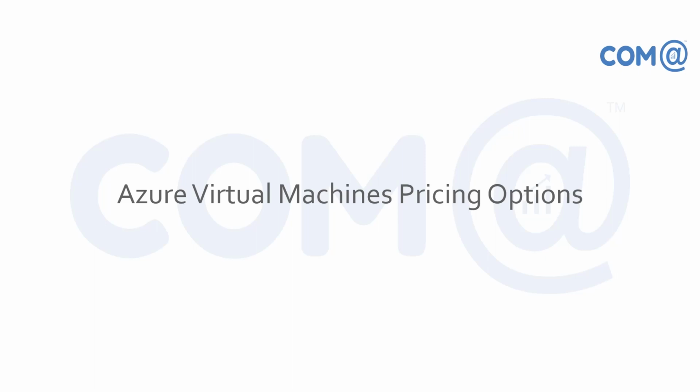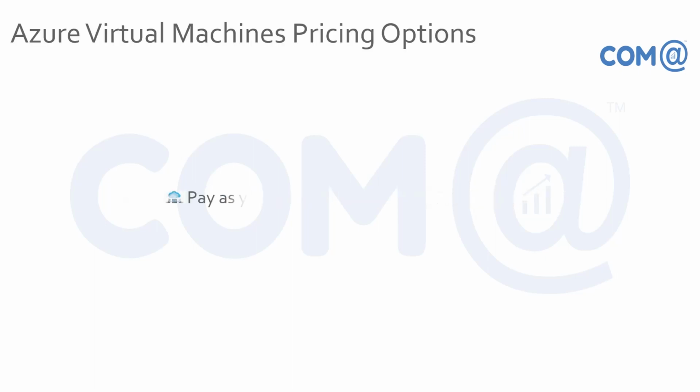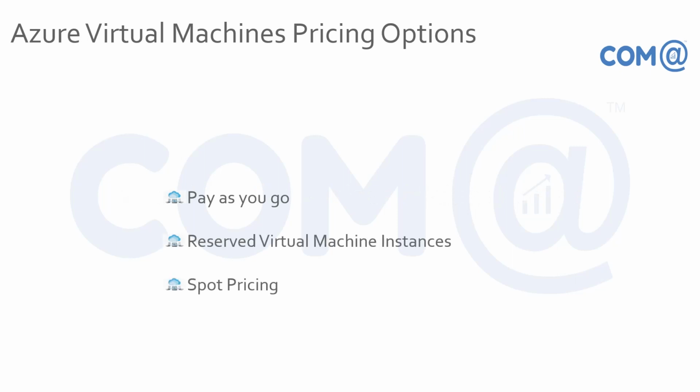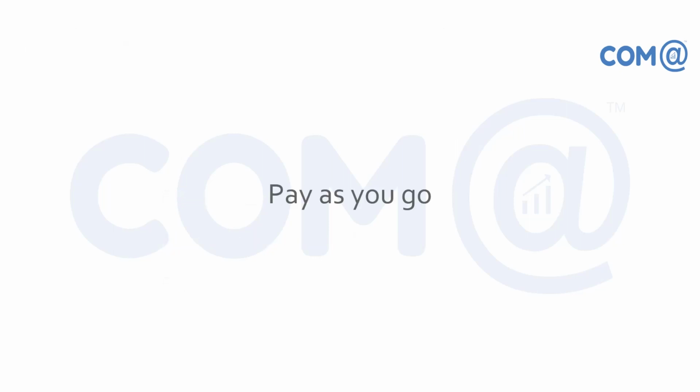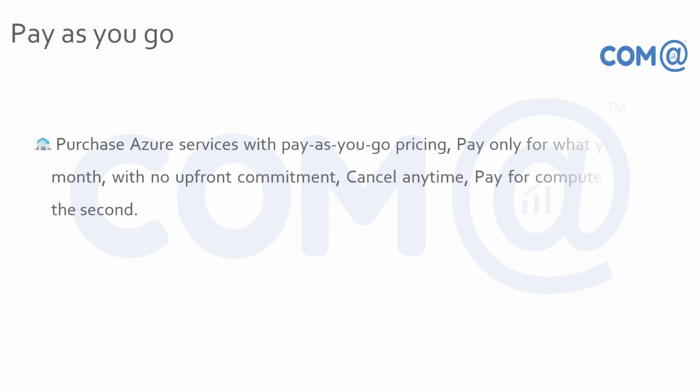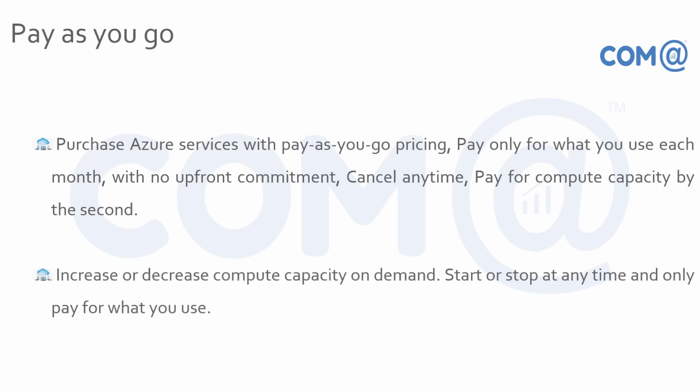And for Azure Virtual Machine, there are different pricing models Azure offers. So they are pay as you go model, reserved virtual machine instances, and spot pricing. So initially we'll understand the pay as you go model. In the pay as you go model you can purchase Azure services with the pay as you go pricing.